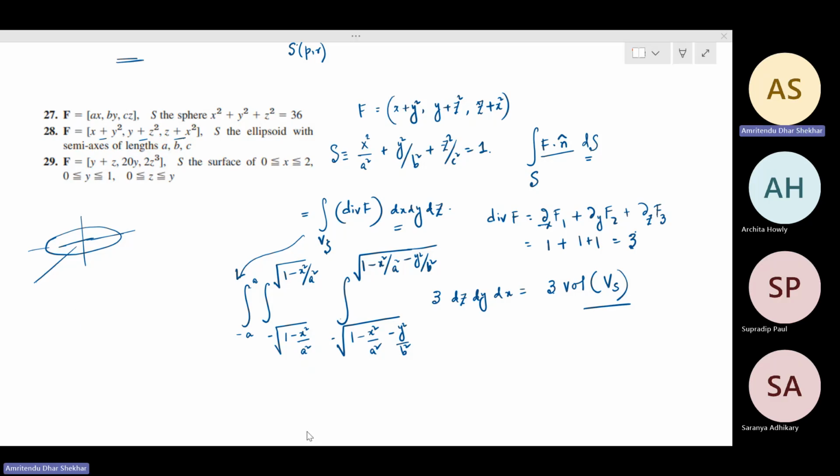Okay, let us look at this problem. Since I'm not able to find problems, let us look at this problem.